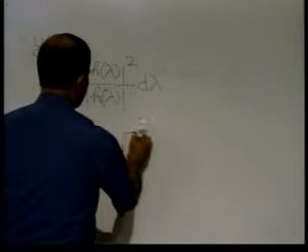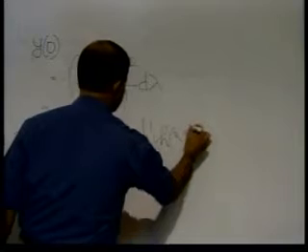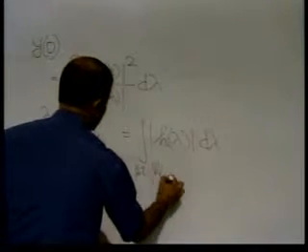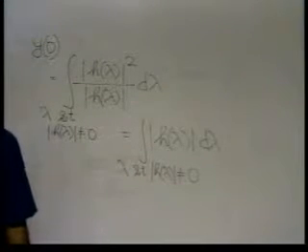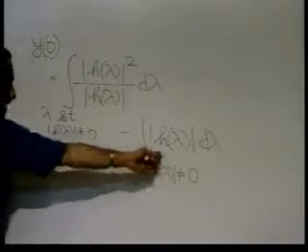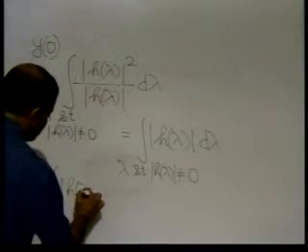Now what is this output? This is the integral of mod h λ dλ over all λ such that mod h λ is not equal to 0. But wherever mod h λ is 0, there is no contribution anyway, so I can write this simply as the integral of mod h λ dλ.